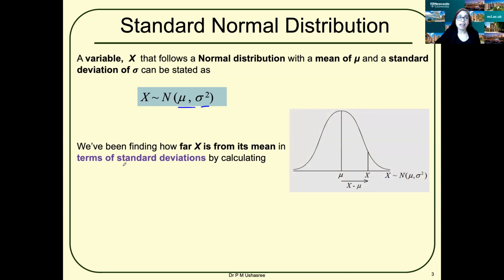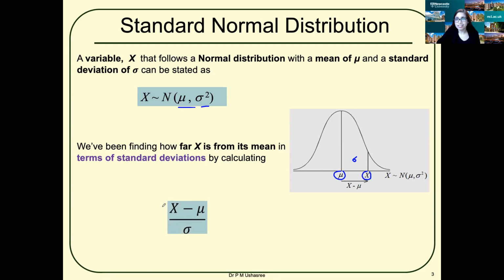We have been finding how far x is from its mean in terms of its standard deviation, isn't it? What we have been doing so far to find the area under a normal distribution curve is finding how far x is from its population mean in terms of its standard deviation. We were calculating it by finding x minus mu divided by sigma.